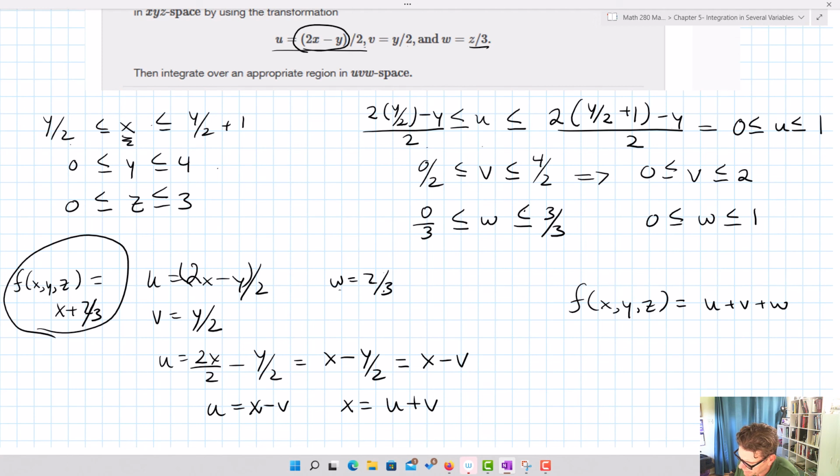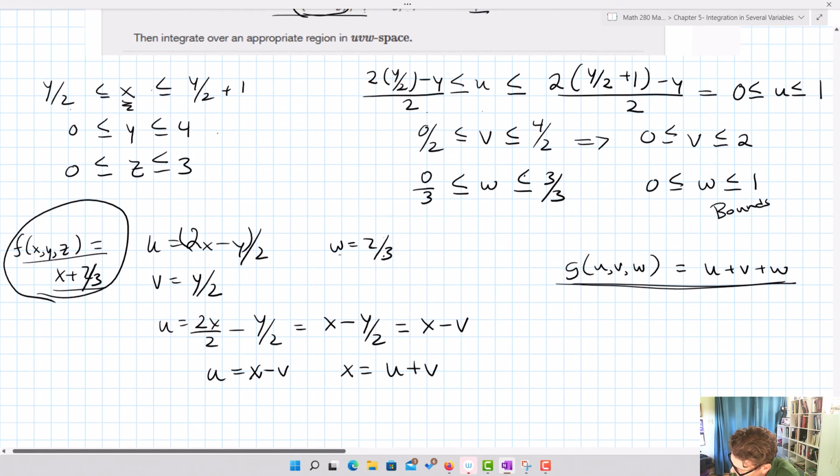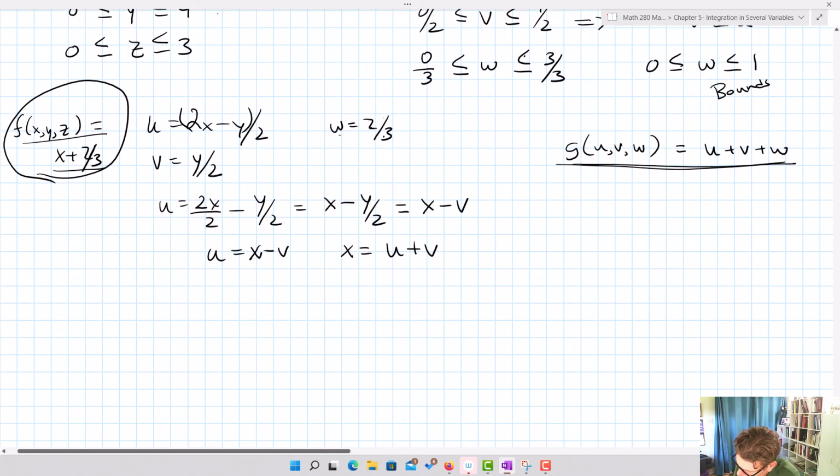So that's our function. I found my bounds, that was my first thing to do, and my function, f of g of u, v, w, changing f of x, y, z from x plus z over 3 to g of u, v, w. It's the inverse transformation, by the way. And there we go.